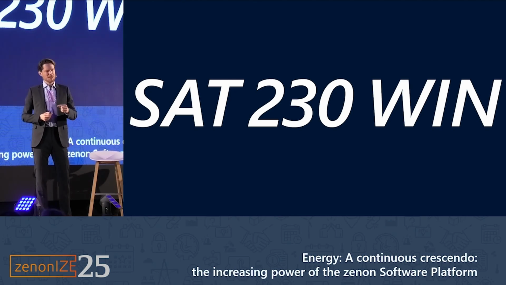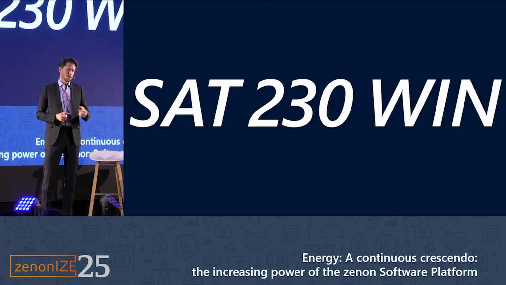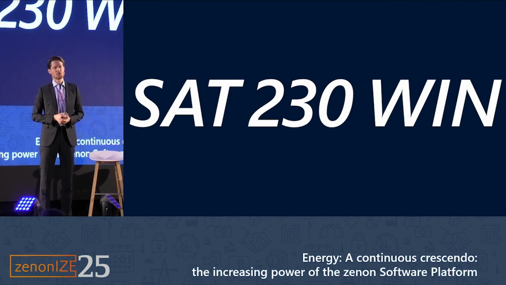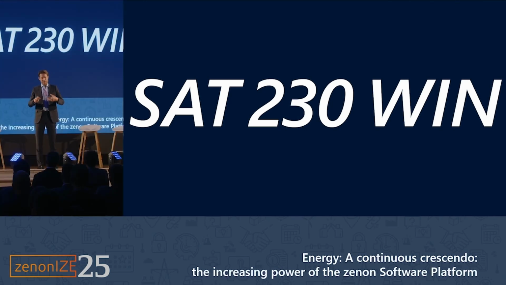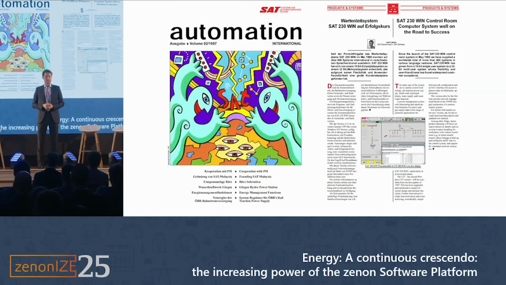And SAT, the company SAT, was at this time, I would say, a market-challenging energy automation firm. It came from Schrack automation technology, then it was renamed into Systeme for automation technology, and got some other brand names. But at this time, SAT was challenging.